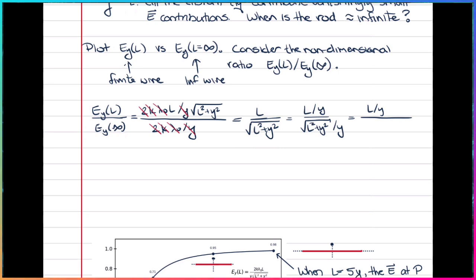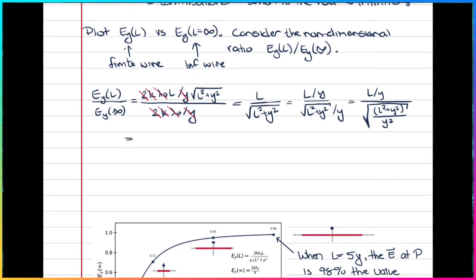Then what I'm going to do here is take the 1 over Y back into the square root. If the square root of x squared is just x, then if I want to move the x back in, I have to remember to square it. So this is the same thing as L squared plus Y squared, and then that 1 over Y, if I bring it back into the square root, becomes Y squared, and it's all in the square root.